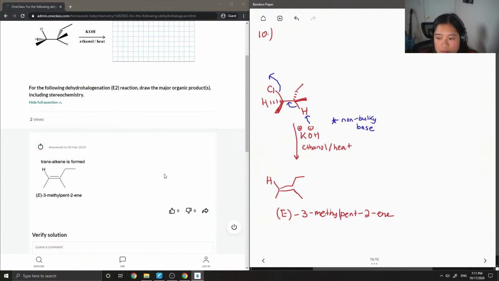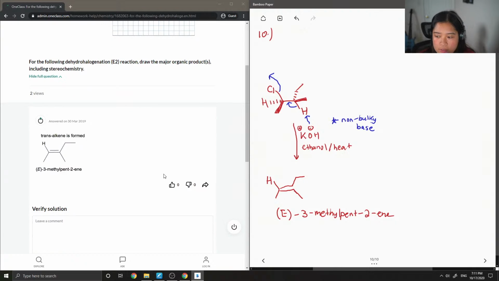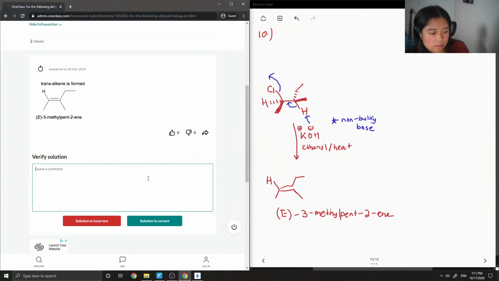Okay, so they have a trans alkene is formed, E-3-methylpent-2-ene. So this solution is correct.